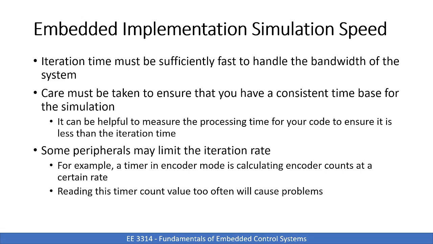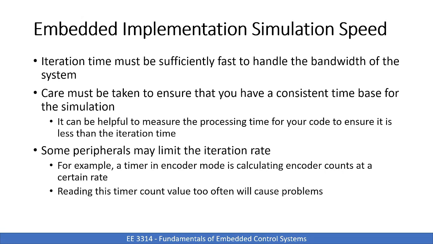If we sample that too fast, the timer hasn't had sufficient time to process those pulses, and we'll get erroneous results. So for this implementation, the encoder is the limiting factor to how fast we can perform this simulation. That's something we need to think about: all the peripherals that are involved. You want to make sure they can operate faster than our simulation rate.